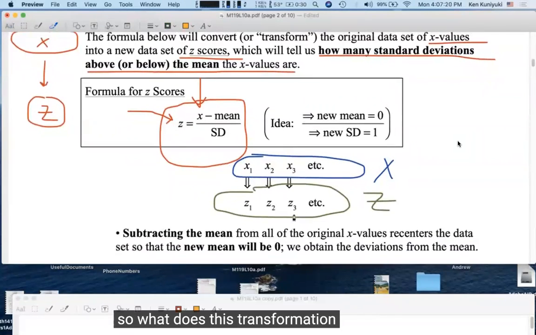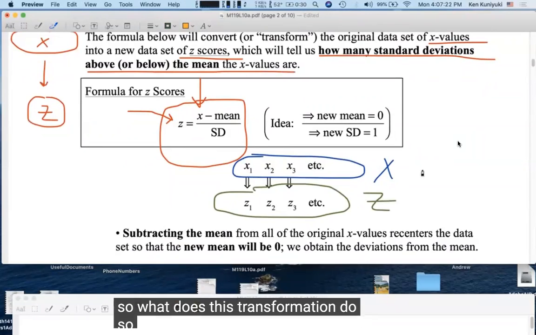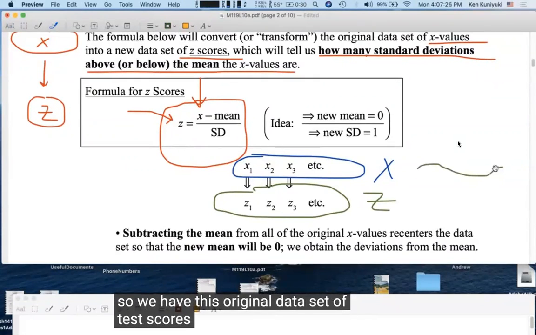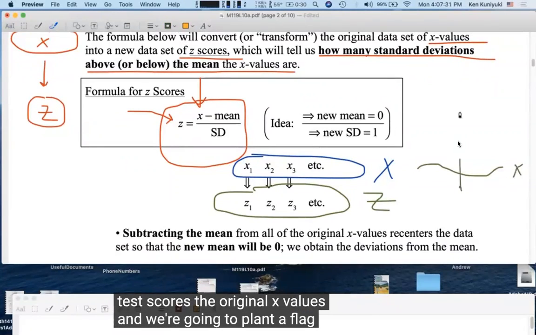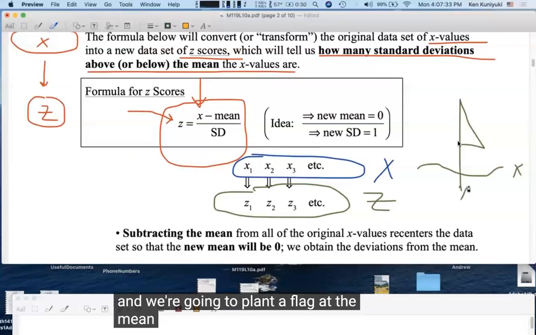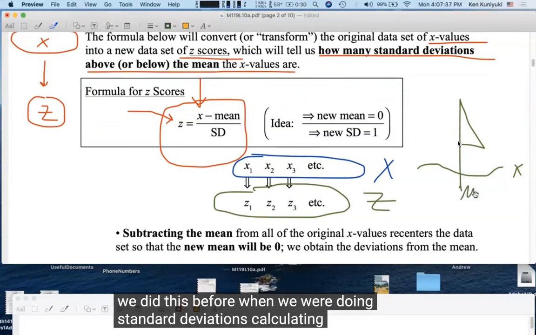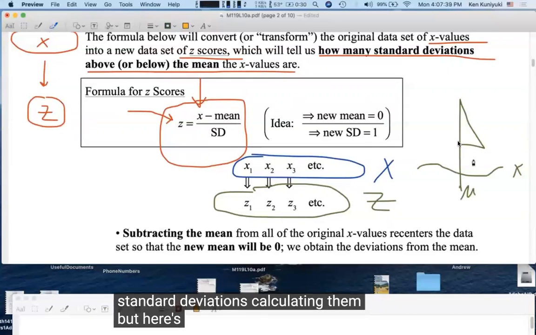So what does this transformation do? We have this original data set of test scores, the original X values. And we're going to plant a flag at the mean. We did this before when we were calculating standard deviations. But here's the idea.